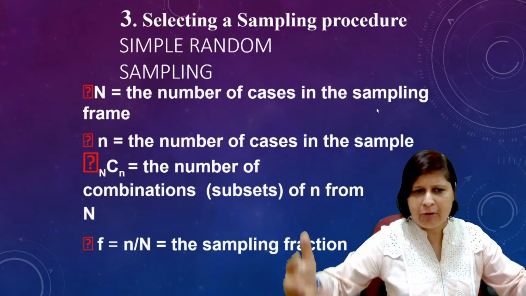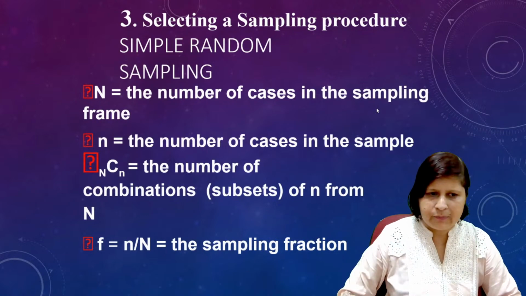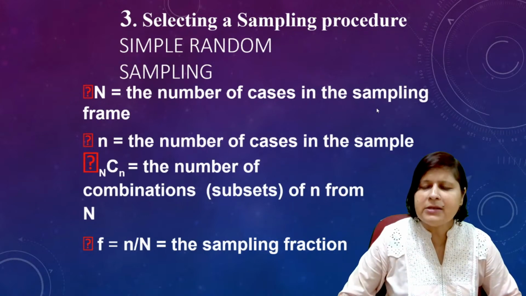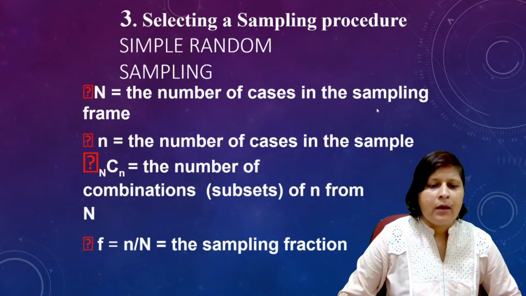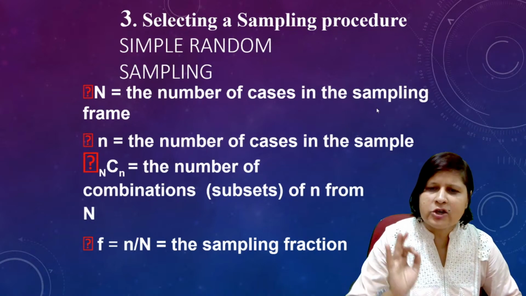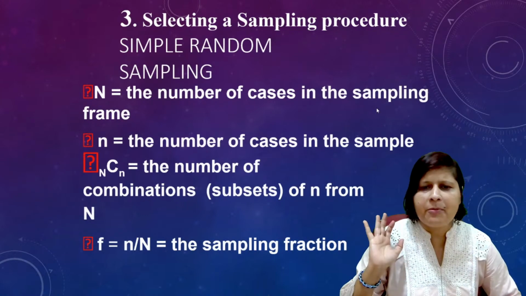Population is 100, so the sample frame contains the 100 cases. Capital N is the number of cases in the population, and small n represents the sample, right? The number of combinations of n from N is NCn, and there is an equal probability of selecting each as a sample.